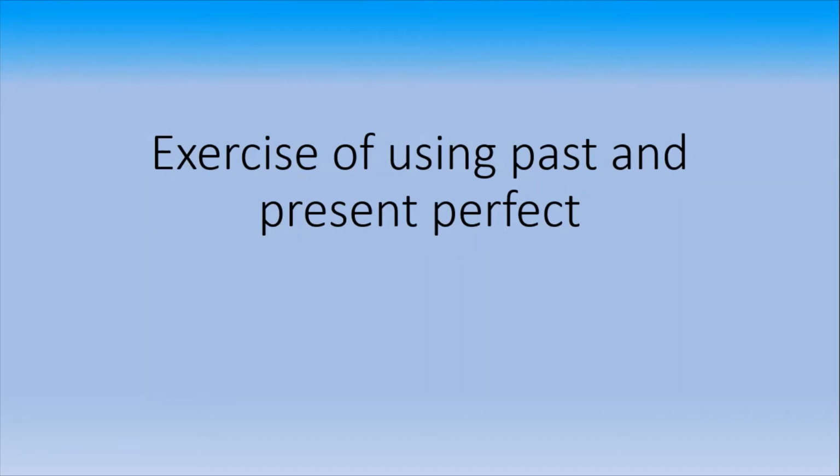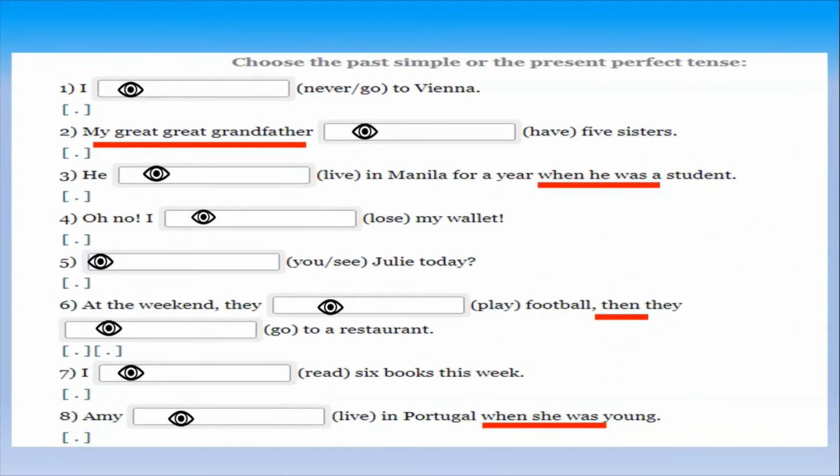Here are some exercises of using past and present perfect. Please depend on yourself to find the solution, and we can see here this slide. This is an example. As you see here, number 1, I never go to Vienna.